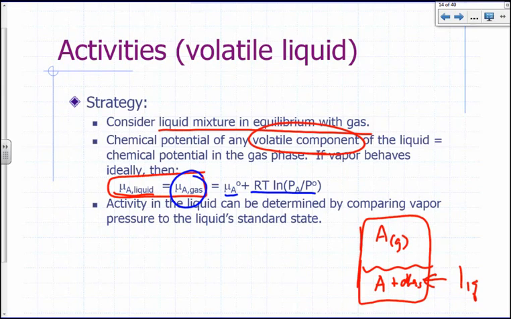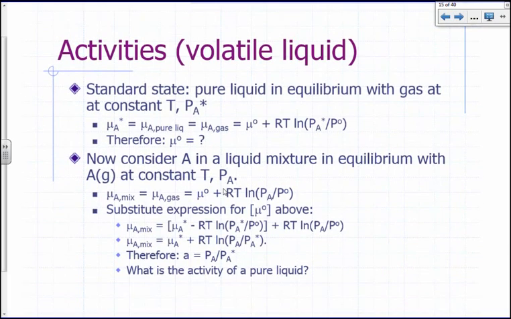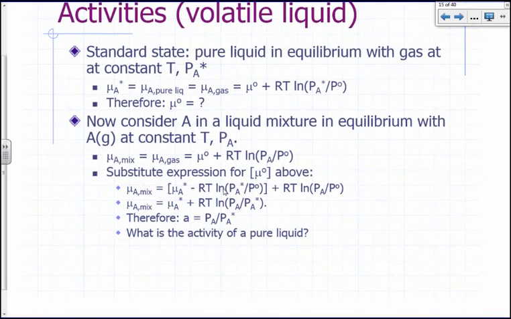So the activity of the liquid can be determined by comparing the vapor pressure, the pressure of A in the gas, to the liquid's standard state. Let's elaborate on that. Exactly what do we mean by that? Imagine your standard state is a pure liquid.